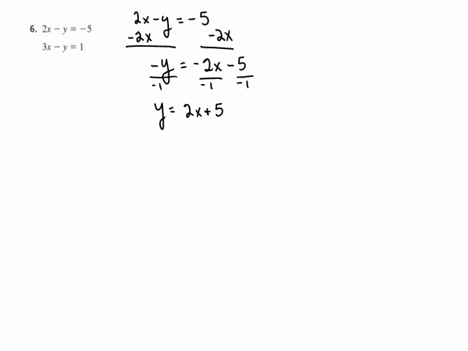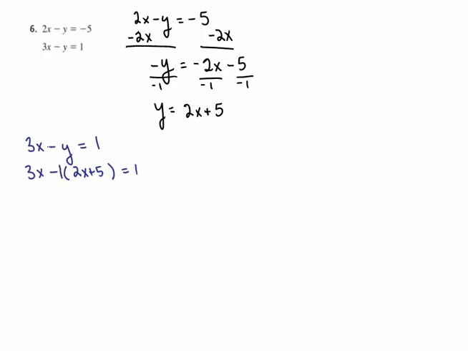So I use the first equation. Now I'm going to use the second equation. Second equation says 3x minus y equals 1. In place of y, remember, you still have to put the minus sign there. 2x plus 5, and that's equal to 1.